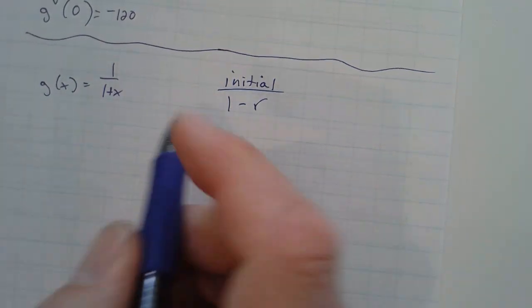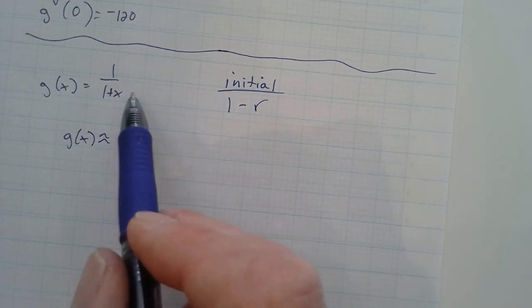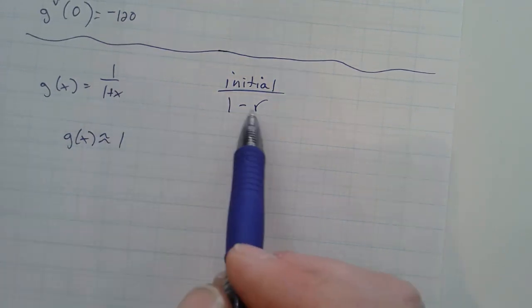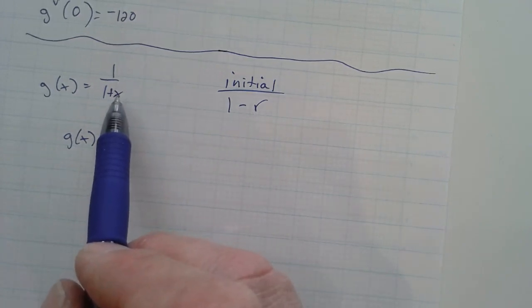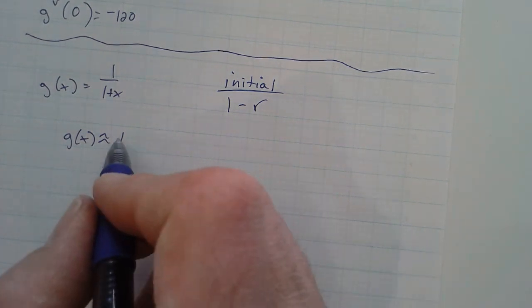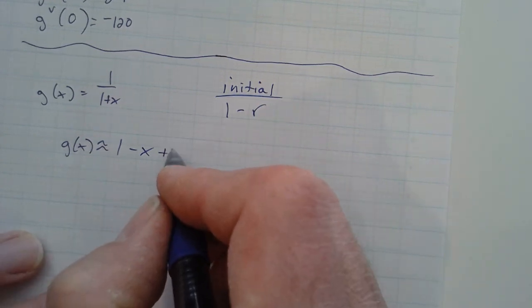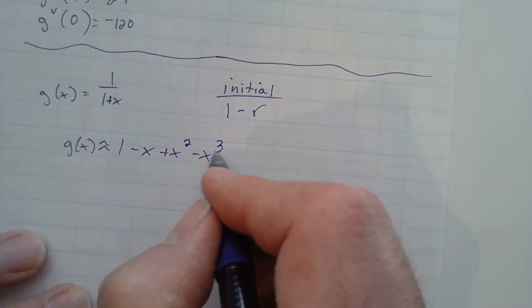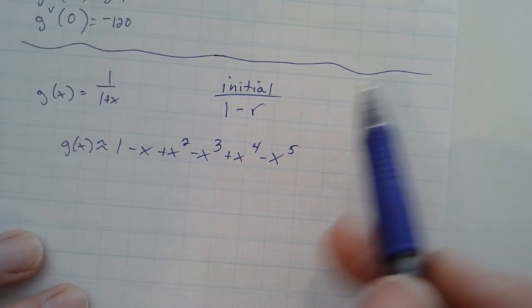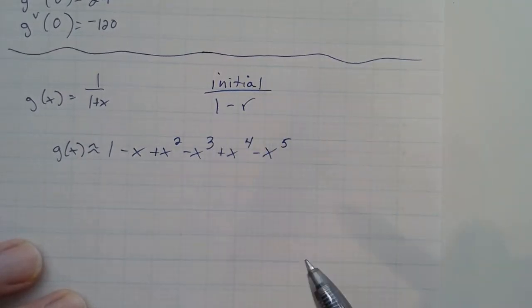So my initial is 1, and we're multiplying by negative x, because r is negative x. So 1 times negative x is negative x, times negative x is x squared, times negative x again. We can go as far as we want. We get the same answer just based off of the initial over 1 minus r.